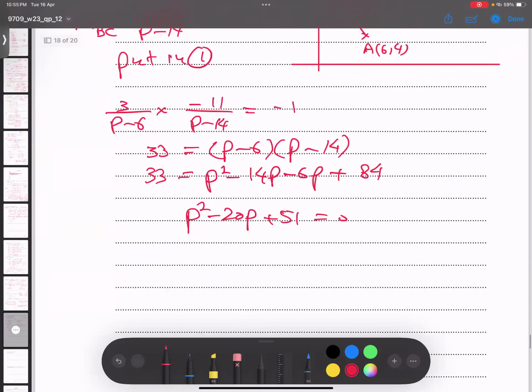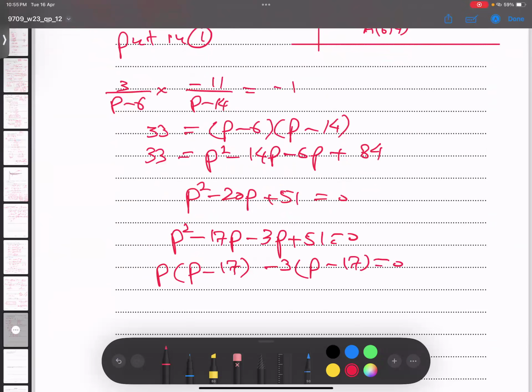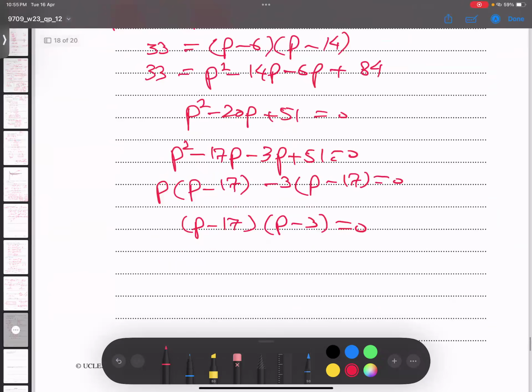I can factorize, students, or you can apply the quadratic formula. 17P and minus 3P gives 20. P common from here, I got P minus 17, and from here 3 common, P minus 17. I believe this part is clear, and I get P minus 3. I got two answers: P is 3 and P is equal to 17.